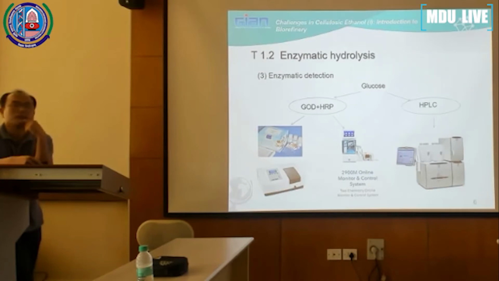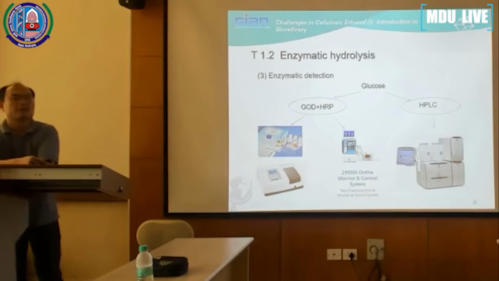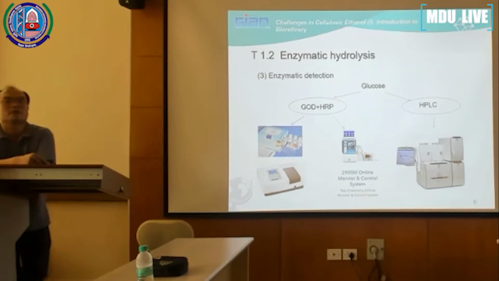This instrument is made in Canada. It is very popular in hospitals and is used for biochemical tests. It can test a lot of different sugars, such as xylose and mannose, and it can also be used to test ethanol content.